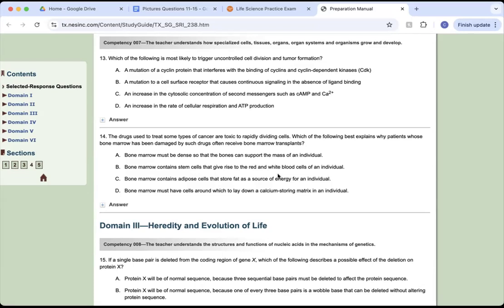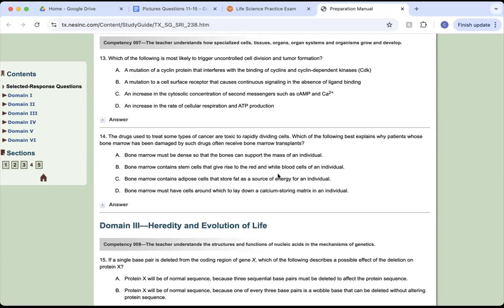So not C. D is incorrect because increased cellular respiration and ATP production are likely to be consequences of, rather than causes of, the increase in cell division. So we would get more of these cells dividing, but this would not cause the cell to divide more.